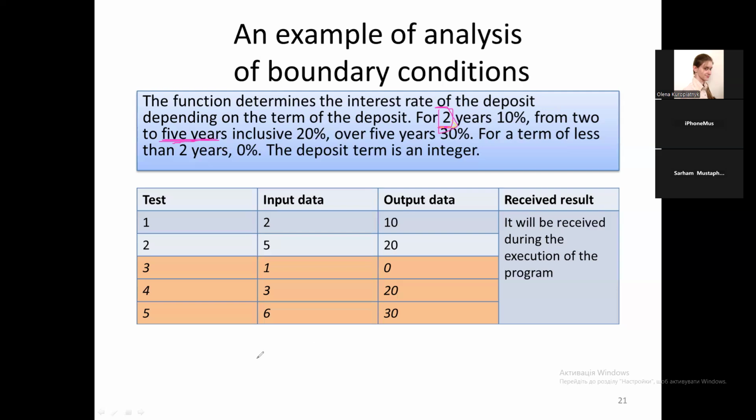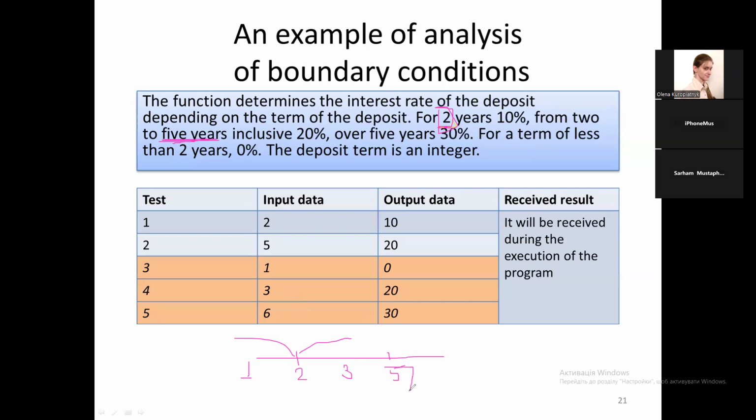After that, for 5 and 2, I need to create tests for additional values from the left and right side. For 2, from the left there is 1, from the right there is 3.